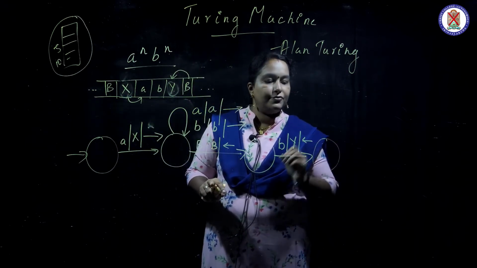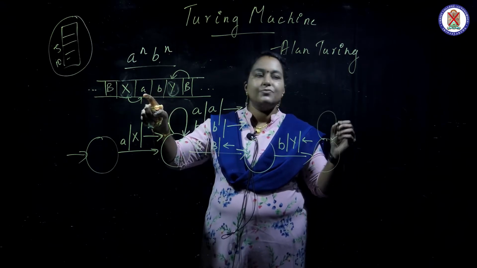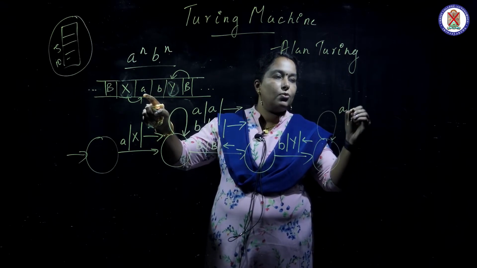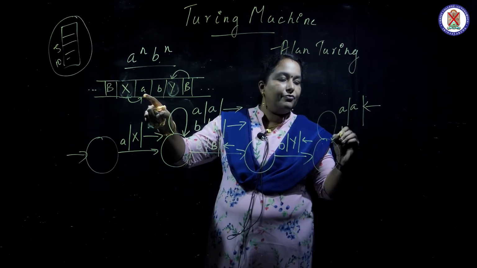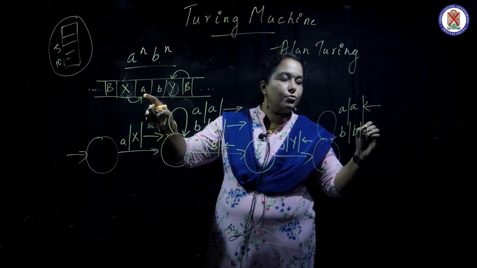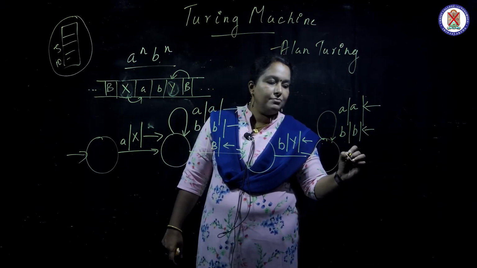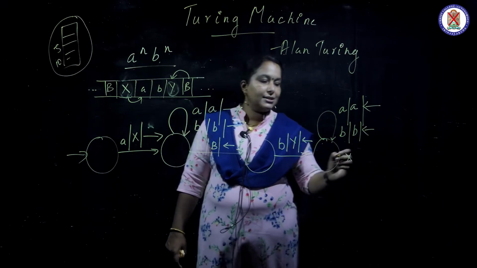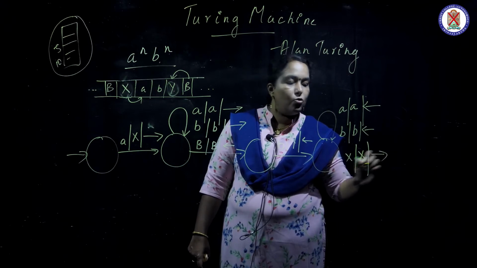So after Y, when A or B comes, we have to bypass, isn't it? When A comes, we move backward, and if B comes also, we move backward. When I have to stop, when X comes: X comes and I make it as X and move forward.